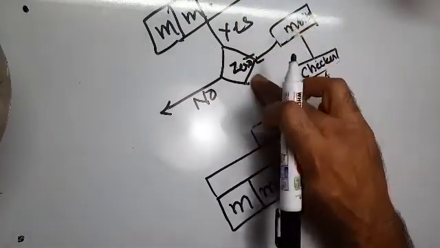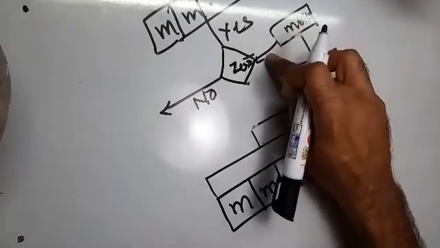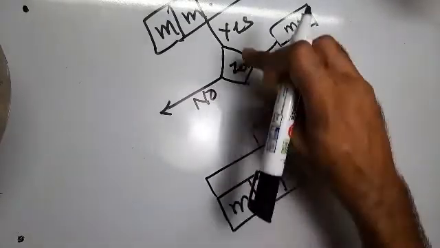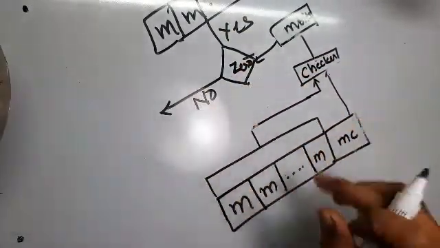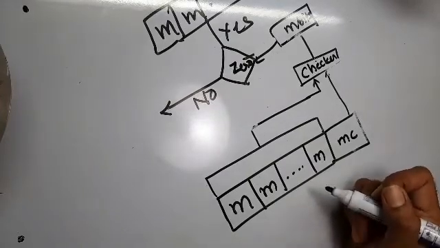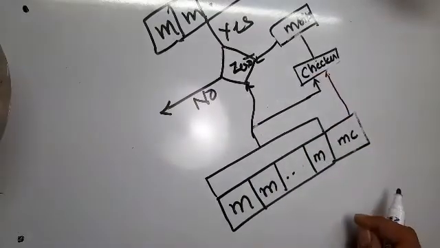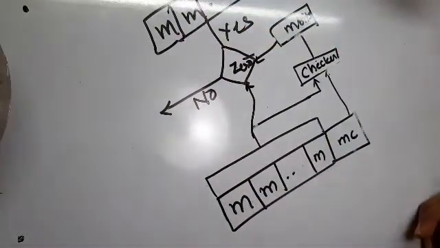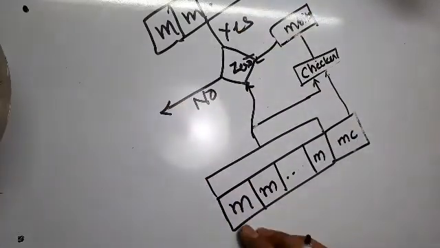Based on the checker's outcome, if it is outputting a 0, the message is correct. If it is a non-zero value, it is wrong, so this wrong message will be discarded. Better you connect this message over here, so that the complete message will be received. I hope it is clear what happens at the receiving side.